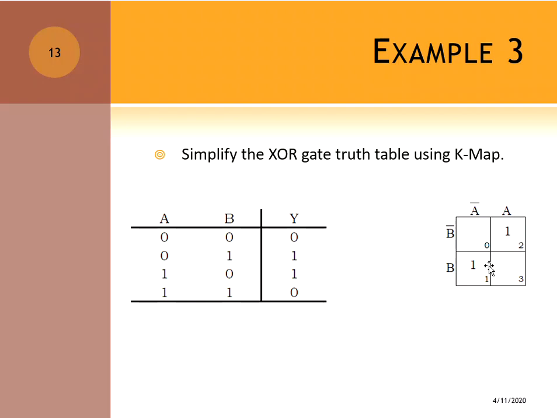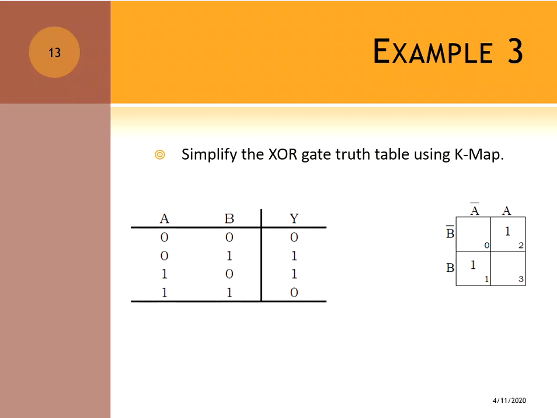You cannot create a loop for this pair because they are not adjacent. Meaning that the expression couldn't be simplified. We cannot simplify the expression for the XOR gate truth table.